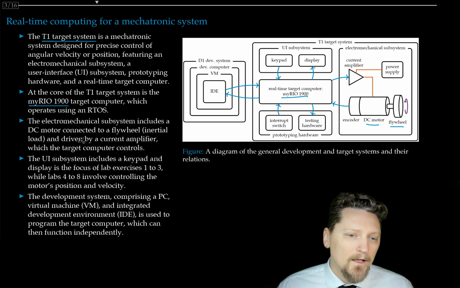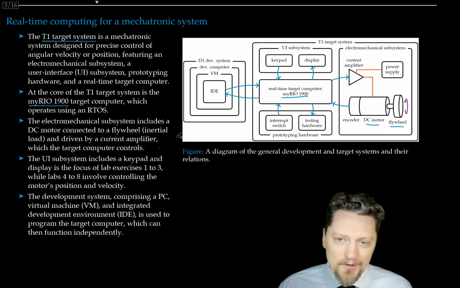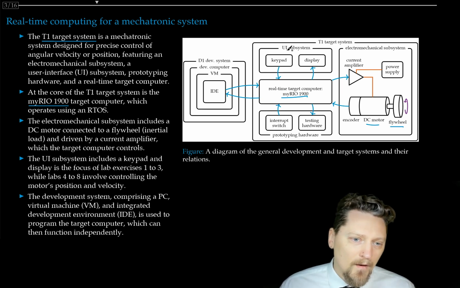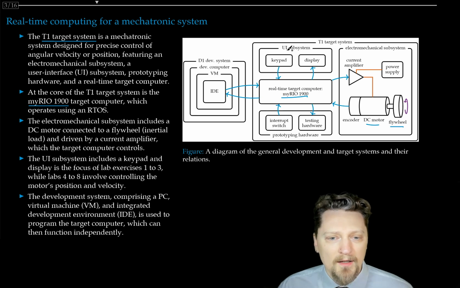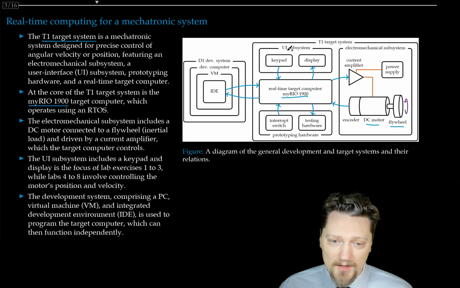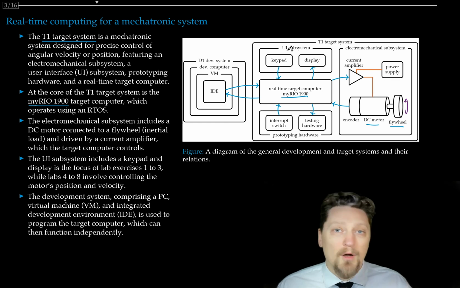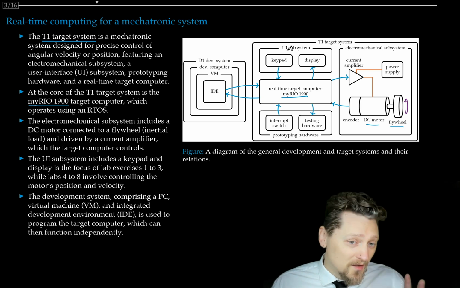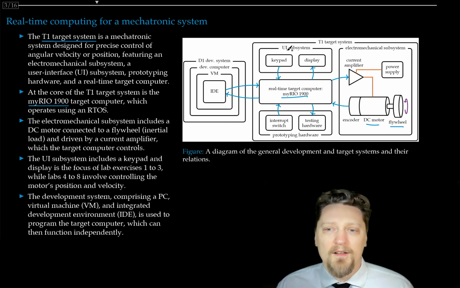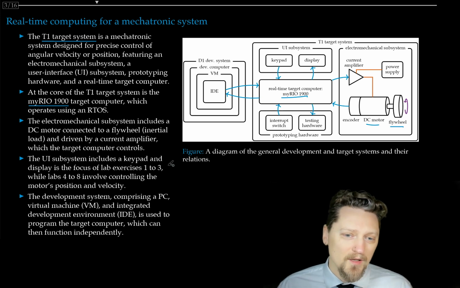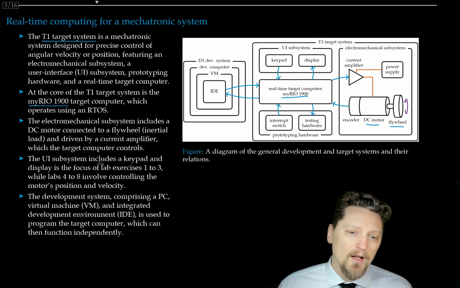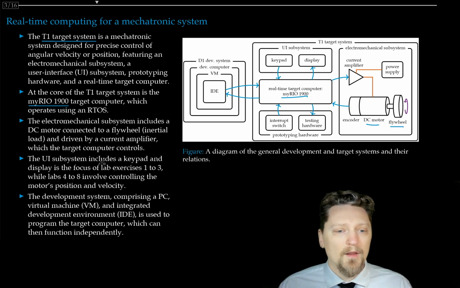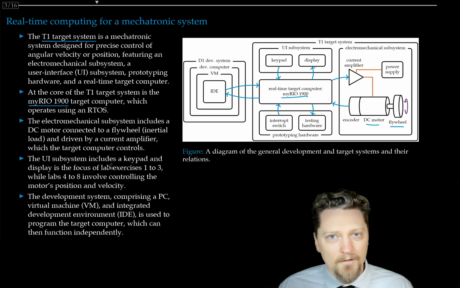Okay, good. The UI subsystem, which I mentioned right here, includes a keypad and display, and is the focus of lab exercises 1 to 3. So while we're getting to understand the development environment and the C programming language, we'll be working on the user interface subsystem in the first few labs, and then later on we're going to move on to controlling the motor position and velocity.